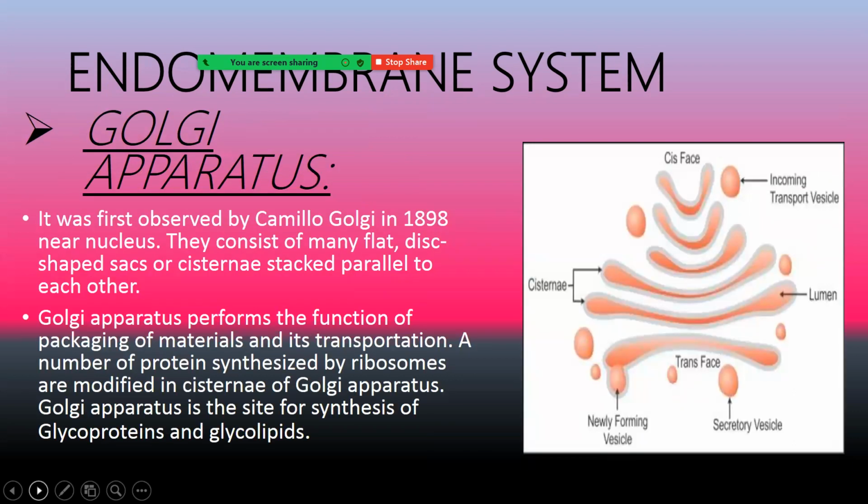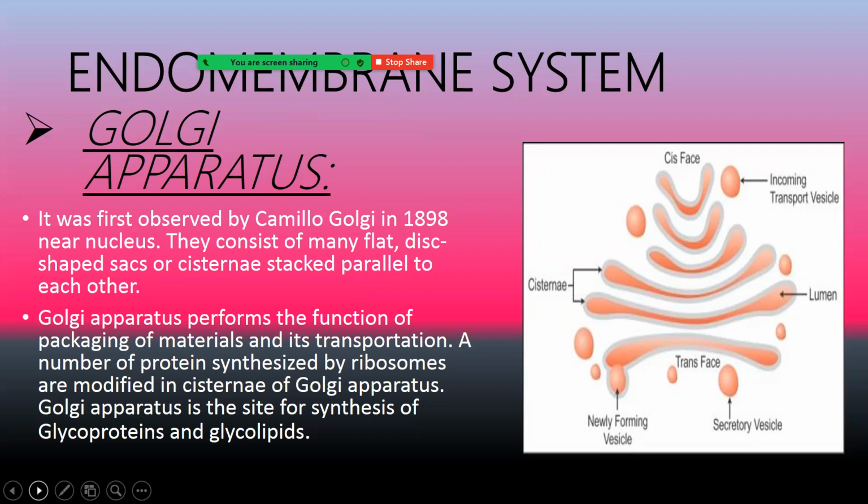Next, Golgi apparatus. It was first discovered by Camillo Golgi in 1898 and it's present near the nucleus. It consists of many flat disc-shaped sacs or cisternae stacked parallel to each other. You can see the cisternae in the picture, stacked over each other.